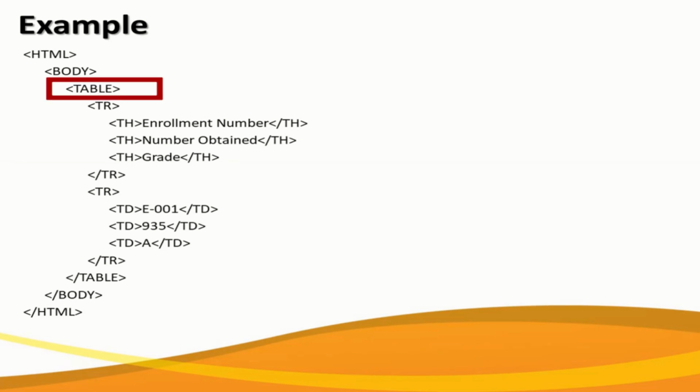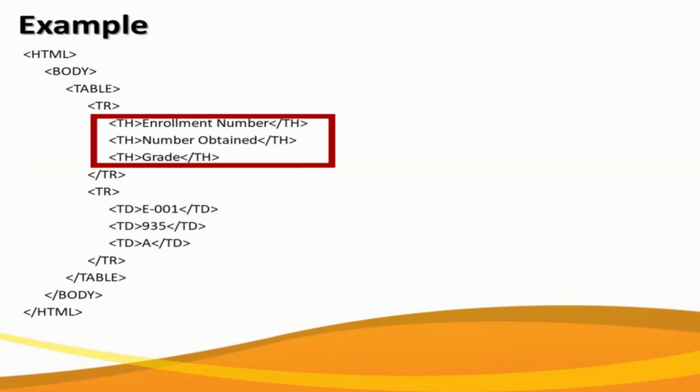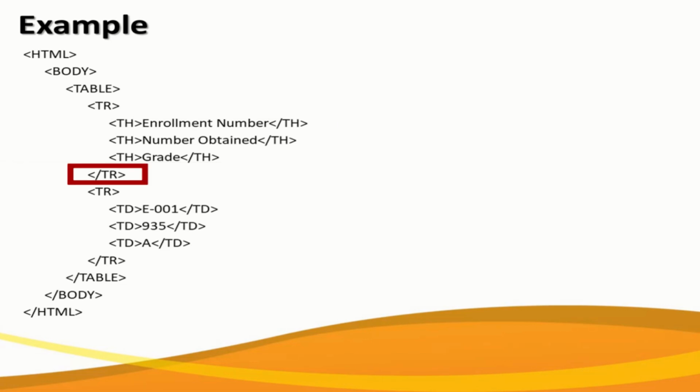Have a look at the example below. Under the body opening tag, we declare a table by writing the opening table tag. Under that, we declare a table row by defining the tr opening tag. And under that, three th tags, that means table headings, are declared. After that, we close the tr tag.